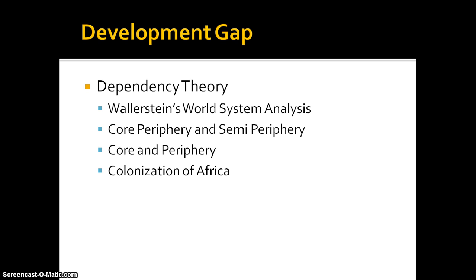They get cheap labor and finished products from the semi-periphery, and so in order to maintain the standard that they have, the core countries need the periphery and the semi-periphery countries to stay in the position that they're in. And so we're talking about this whole idea of dominance of the core countries over the periphery and the semi-periphery countries.